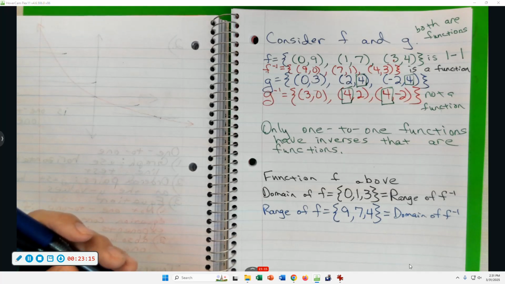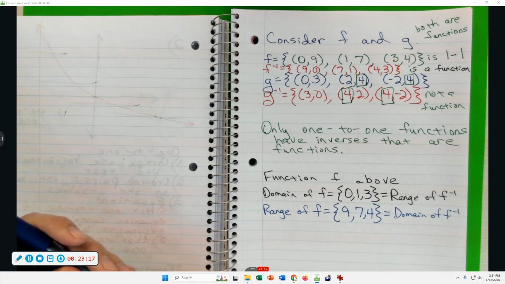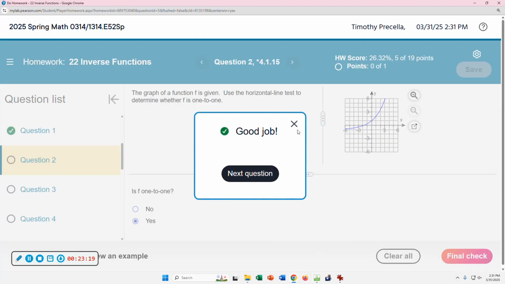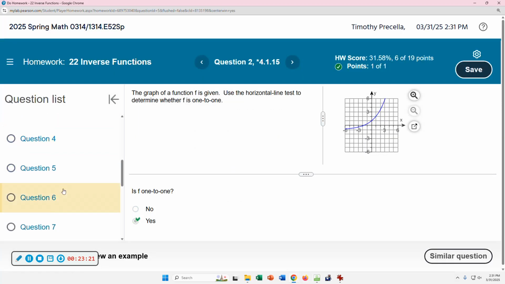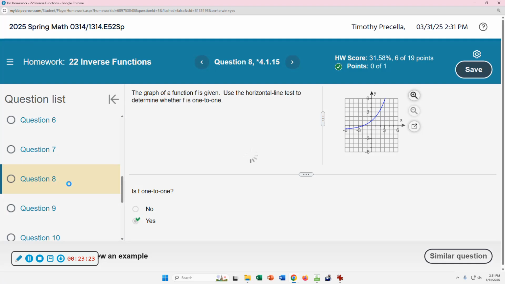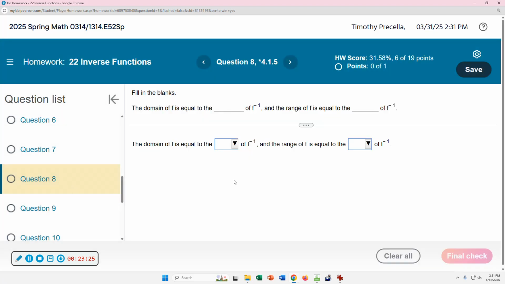Look at number 8 in the homework. The domain of f is equal to the blank of f inverse. And you have a pull-down menu. What are you going to choose? The range, okay.